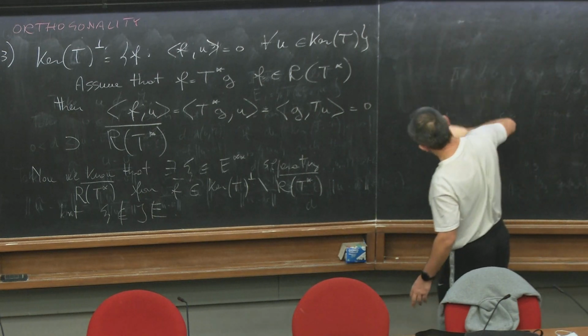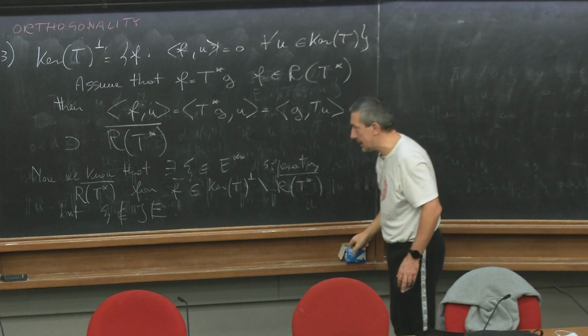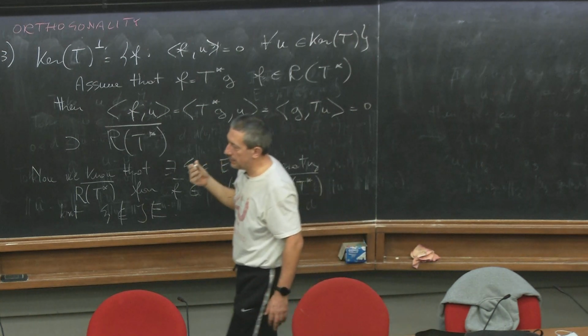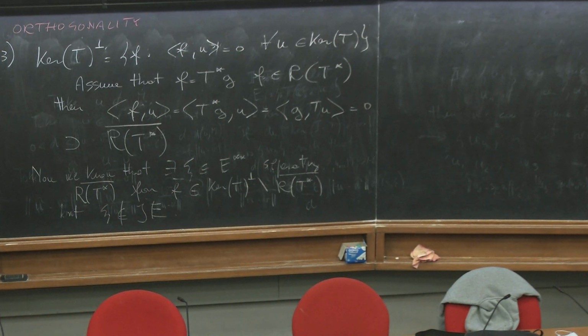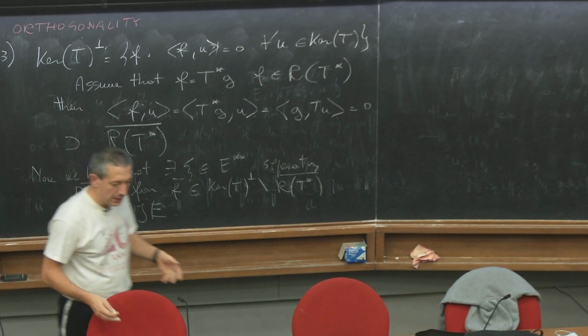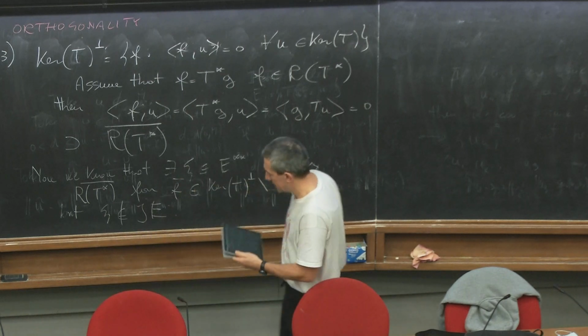In the book it is difficult because they take operators which are unbounded and densely defined, so you can do the theory, but you have to be a little bit more careful. But for the case of bounded operators, the whole thing is quite straightforward with the definition. You have just to play a little bit, but I don't find them particularly complicated.